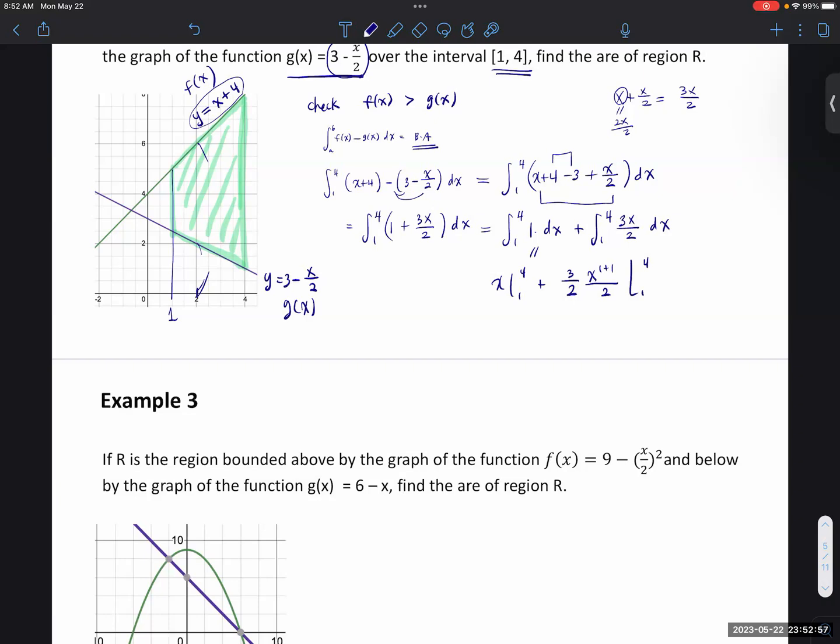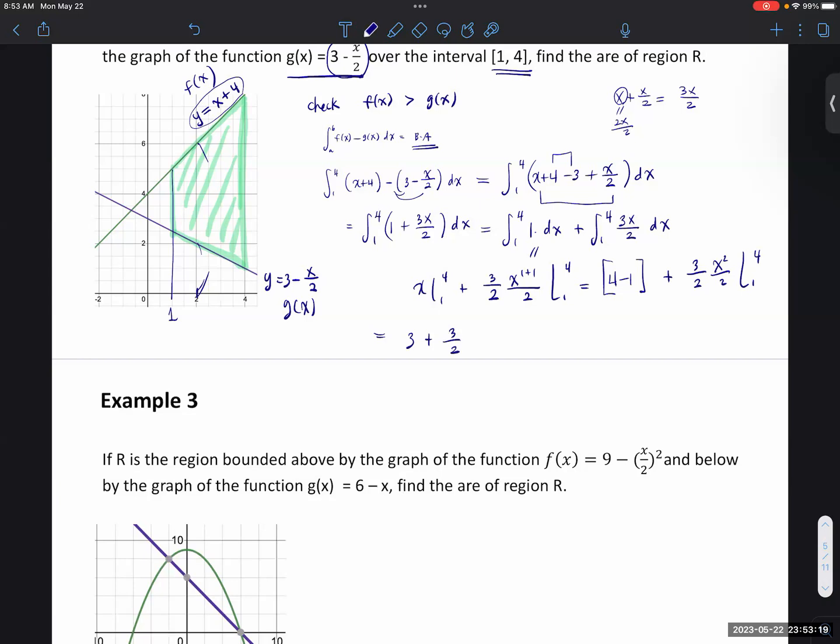So if you subtract, I'm going to just bring it here. It's going to be 4 minus 1, correct? Plus 3 over 2 times x squared over 2 from 1 to 4. So it is going to be 3 plus 3 over 2.